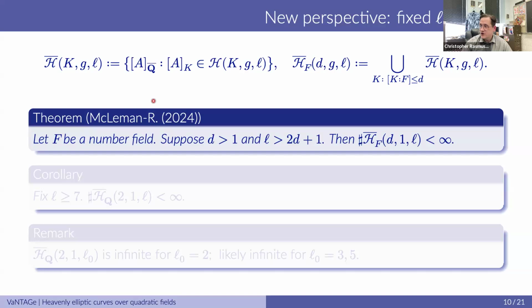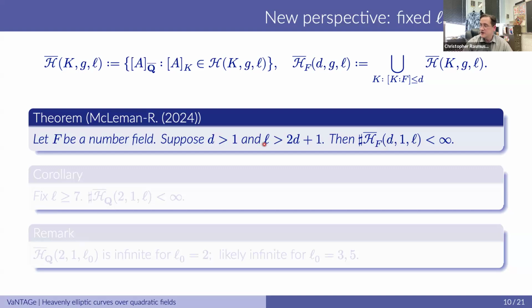Then Cam and I were able to show, again with L fixed now, but otherwise letting K run over this family of extensions of bounded degree, we should still expect a finiteness result, right? So in particular, this is not limited to quadratic fields. We can take any fixed bound we want, and we can even take any base field, not just Q, that we want.